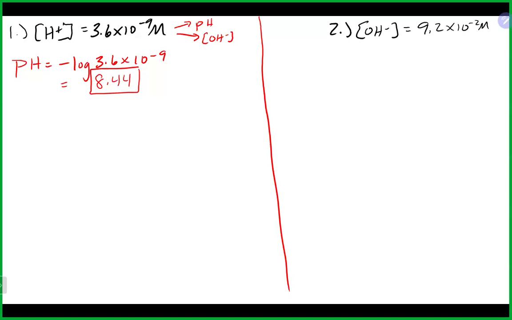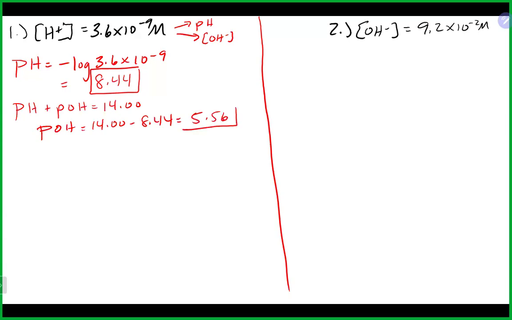I could get the pOH very easily from it by using that relationship that the pH plus the pOH equals 14. That means that our pOH here would be 14 minus 8.44, and that's going to give me 5.56 as my pOH in this case.